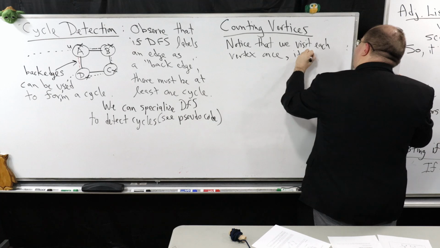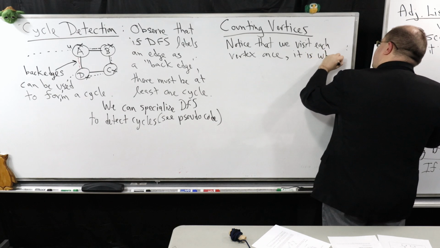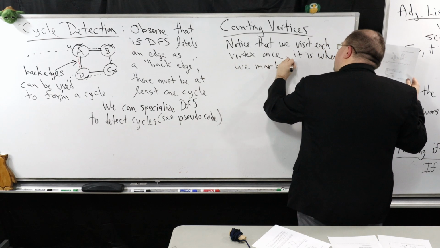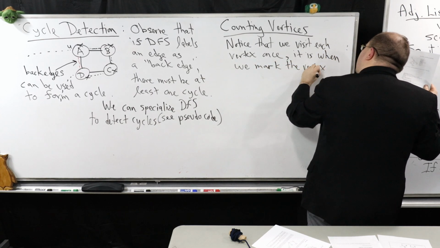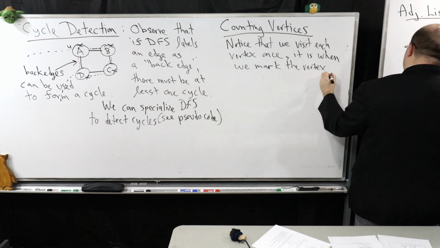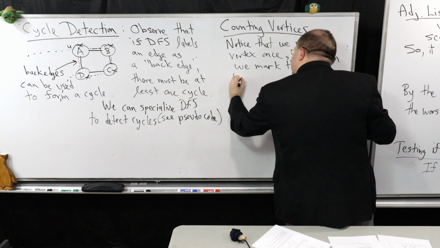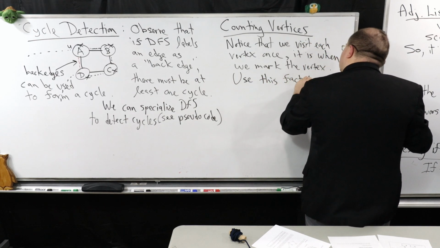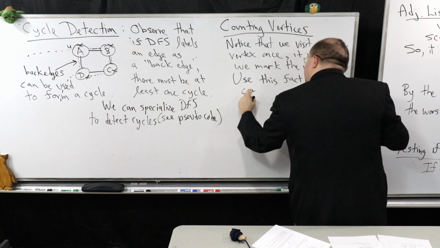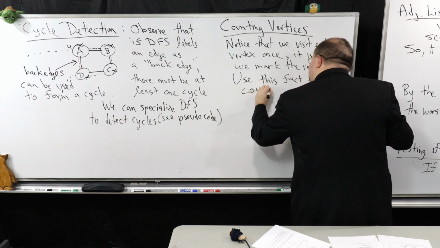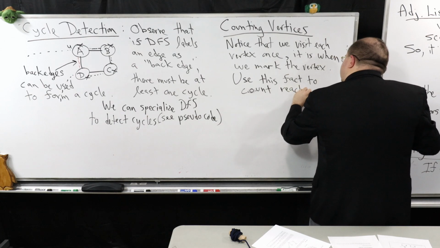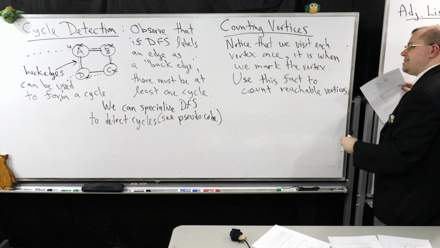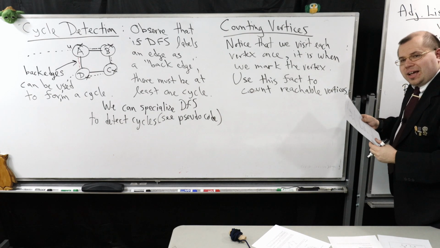It is when we mark the vertex, right? So we're going to use this fact to count reachable vertices. If I want to know all the vertices that are reachable from a given vertex, I can use this fact of DFS.